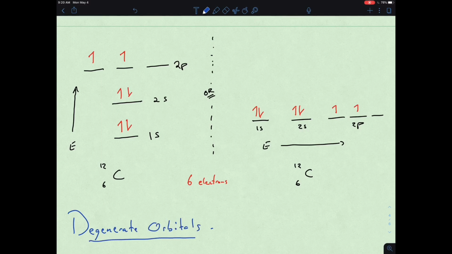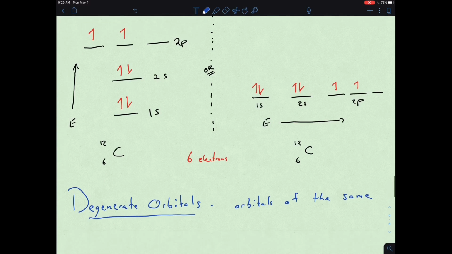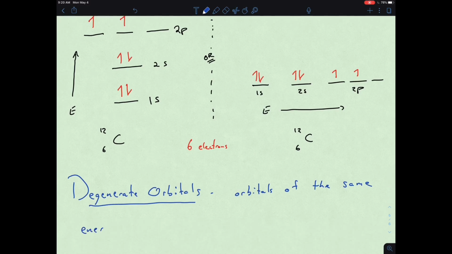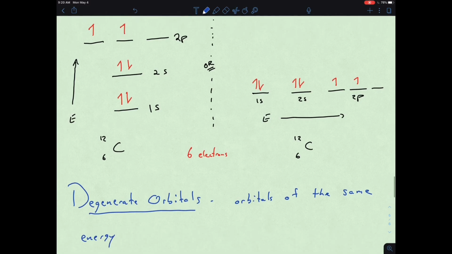So degenerate orbitals are orbitals of the same energy. So, for instance, the P or D or F are multiple sets of orbitals that are all within a particular scenario.